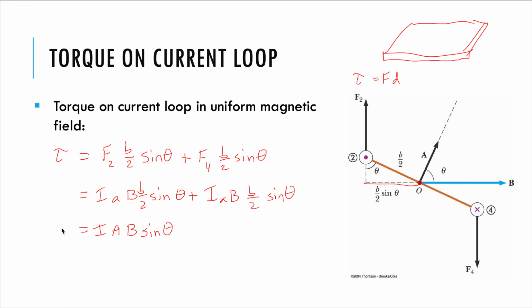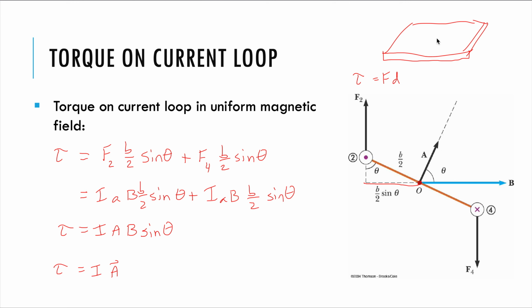So we do need an expression for the vector form since torque is a vector. So what we can do to write this as a vector, and this to be our final form, we can define an area vector A whose magnitude is the area of the loop, which is the length times the width, but the direction of this area vector is going to be perpendicular to the plane of the loop, as you can see in this picture here.